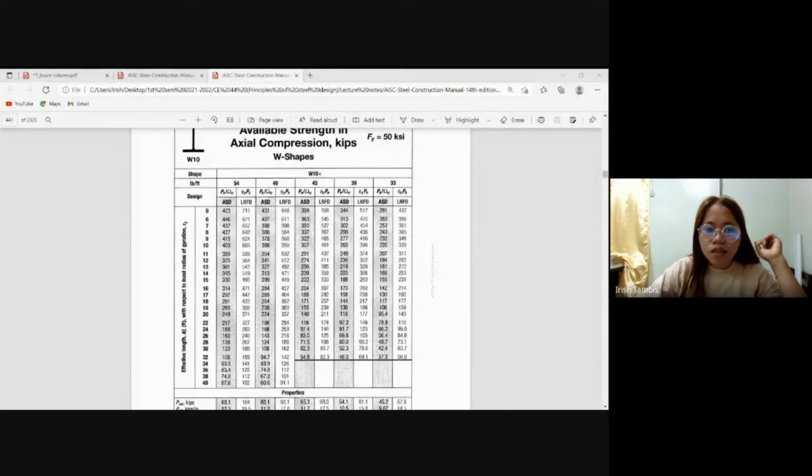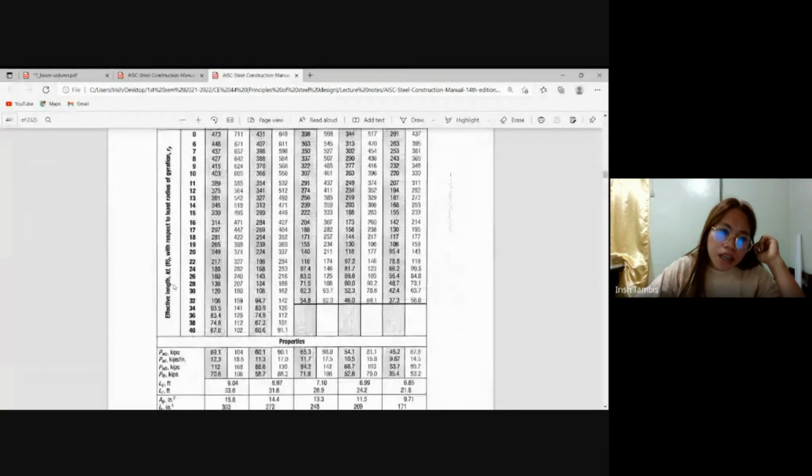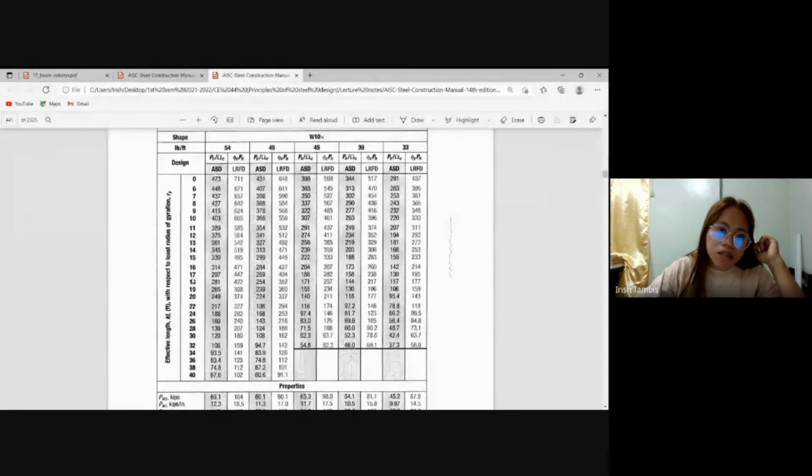So, okay. I think nakita rin ninyo, no? This one, the piece of C. And this is the effective length, KL. So, for 17, 17 man itong ganina. So, naa siya for W10 by 49.